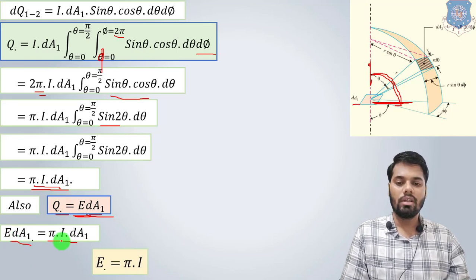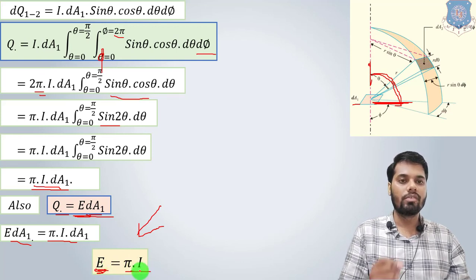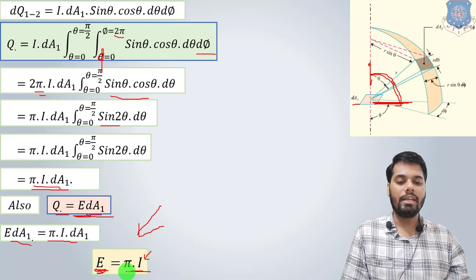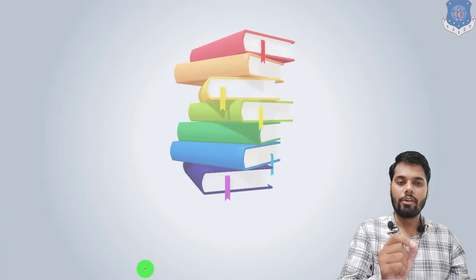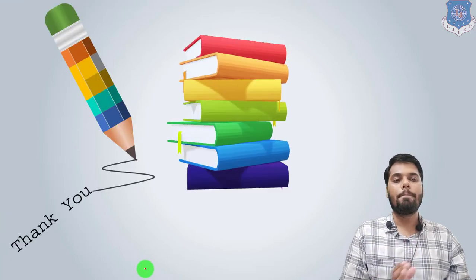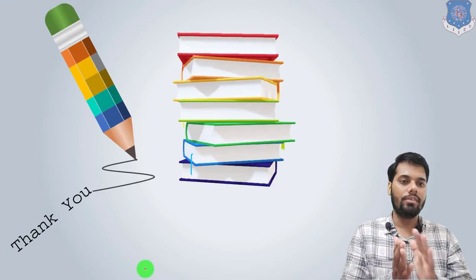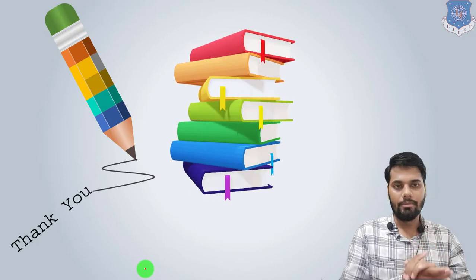So E dA1 is equal to pi I dA1. We will get E is equal to pi I. So the emissive power E of a diffuse surface is equal to pi times the intensity of radiation. This is the most important equation. E is equal to pi into I.